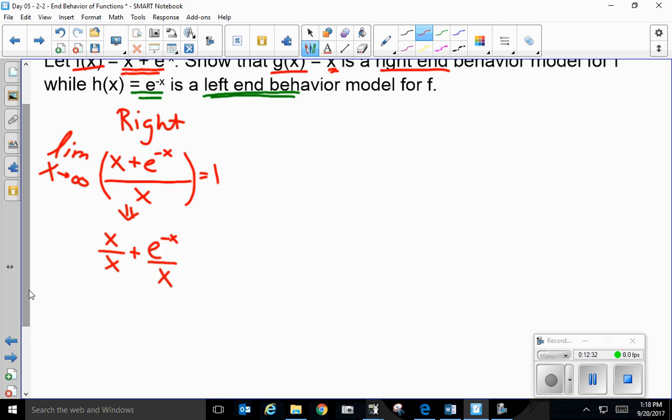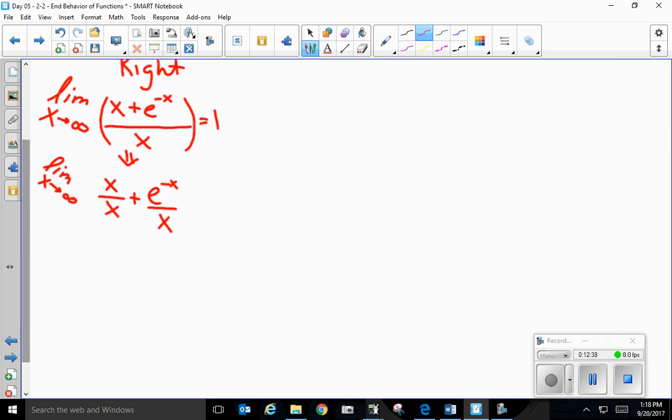Now, I'm going to take the limit as x approaches infinity of that. Well, what is x over x? 1. So 1 plus e to the negative x over x. I'm still taking the limit as x approaches infinity.